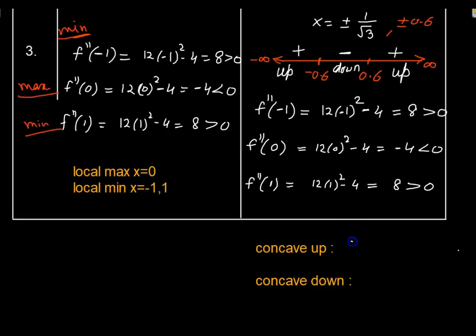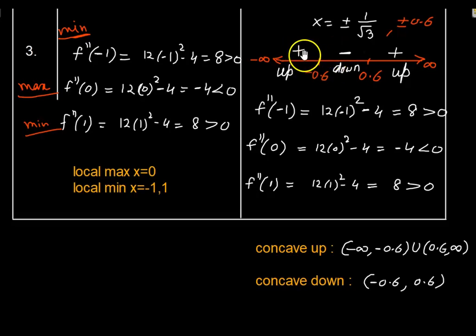Now we can write the conclusion here. So it is concave up from negative infinity to negative 0.6 and 0.6 to infinity. And the function is concave down from negative 0.6 to 0.6. The final POI are those points where the function changes its concavity.